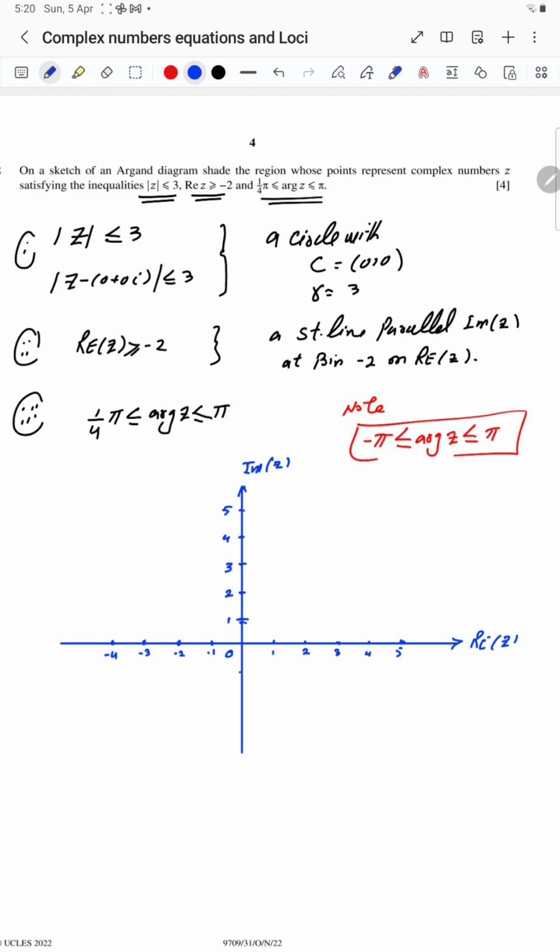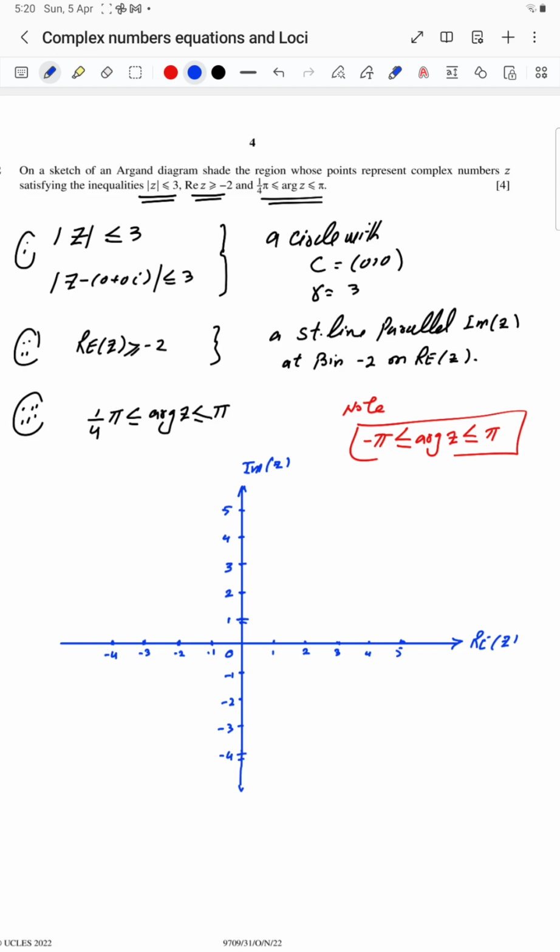Same goes down, -1, -2, -3, and so on. I recommend you to use a scale to keep the equal spacing. That helps you to plot it in a perfect way.